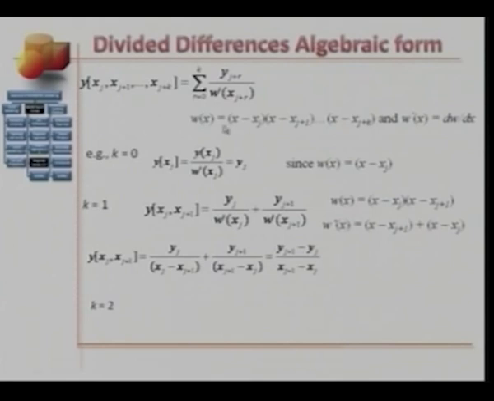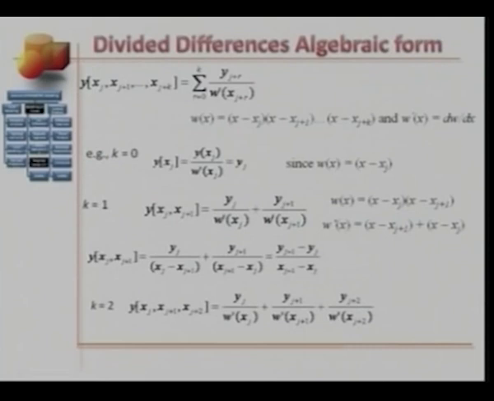For k equals 2, how many terms will you have here? 3. So y of xj, xj plus 1, xj plus 2 within square parenthesis is denoting the second divided difference here. This would be equal to yj over w prime at xj plus yj plus 1 over w prime at xj plus 1 plus yj plus 2 over w prime at xj plus 2.